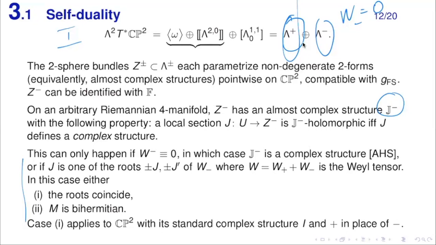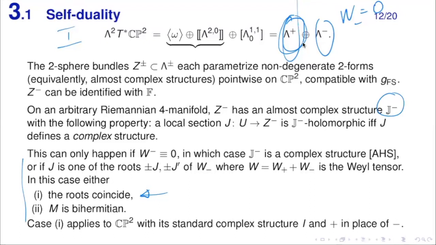If you think of the Weyl tensor as a sort of quartic polynomial on spinors, you can have at most, up to sign, at most 2 roots. So if the Weyl tensor is not 0, if it's not self-dual, or anti-self-dual in this case, you can only have 1 or 2 complex structures up to sign. In the case of CP2, of course, the roots coincide and you just have 1, but there is the possibility that you could have 2.